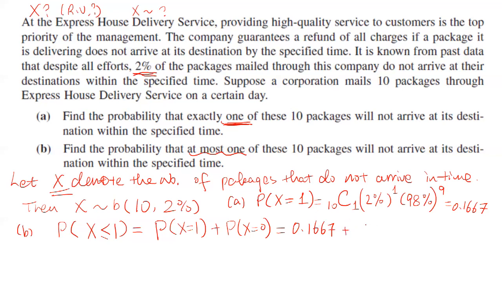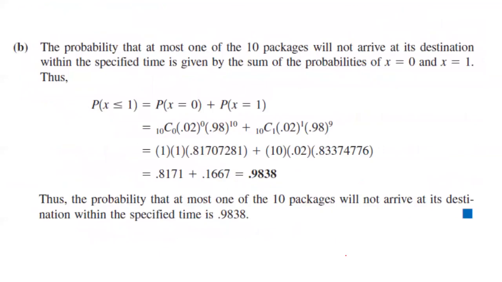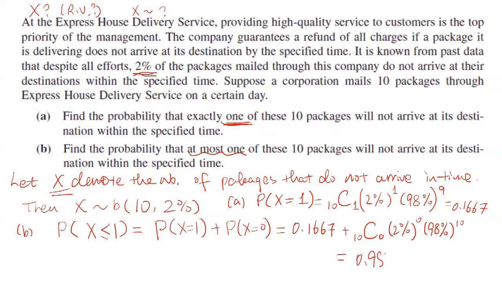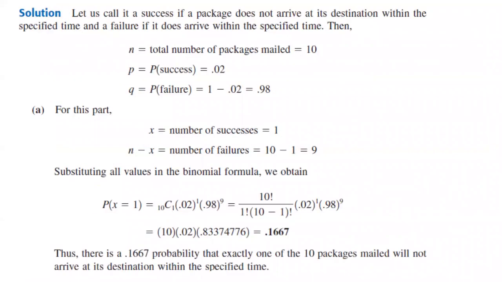And the probability of X being 0, we need to calculate this again, is C(N, K), P to the K times 1 minus P to the N minus K times, which is 0.9838. Okay, any questions? All right.